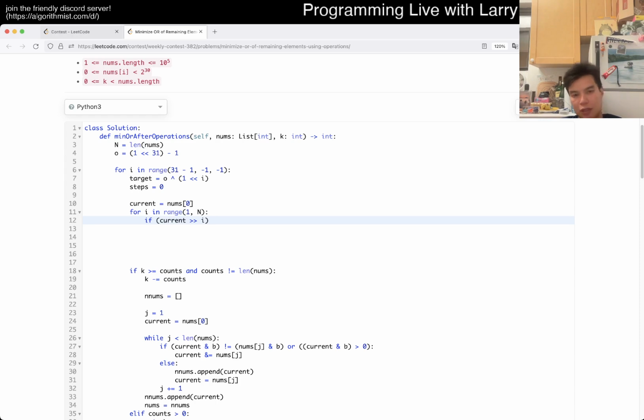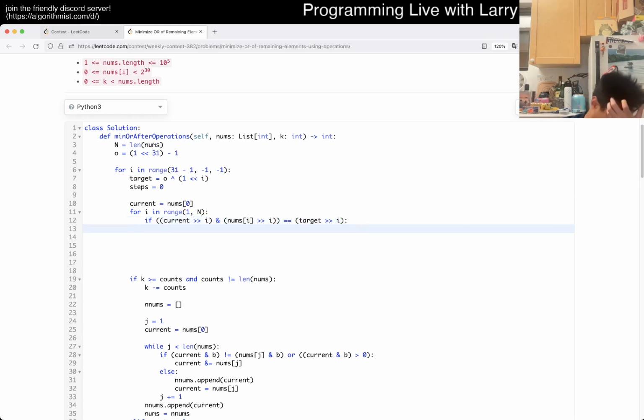If this prefix is equal to this prefix, then what does that mean? Yeah, maybe this would just be, this is a little bit cleaner.